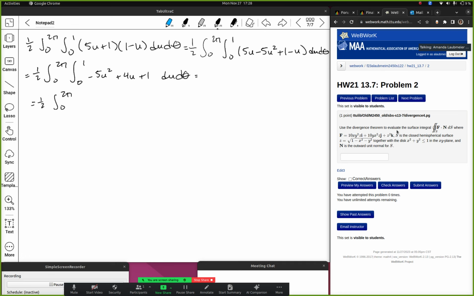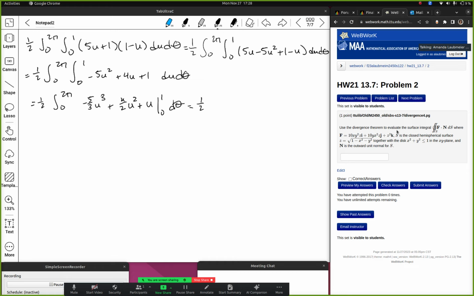So I integrate u squared up to u cubed and divide by 3. I integrate u up to u squared and divide by 2. And 1, a constant, becomes u to the power 1. And all that's going to be evaluated from 0 to 1, d theta.